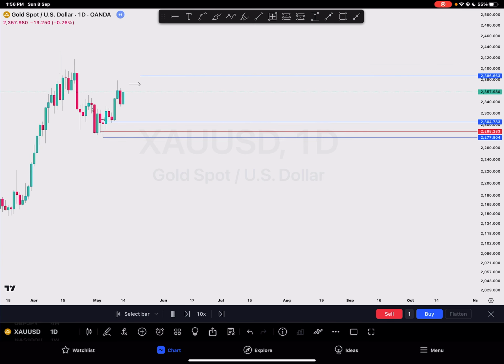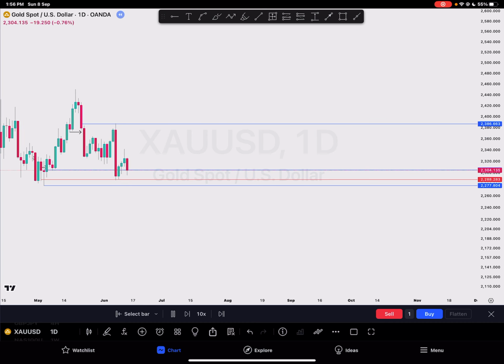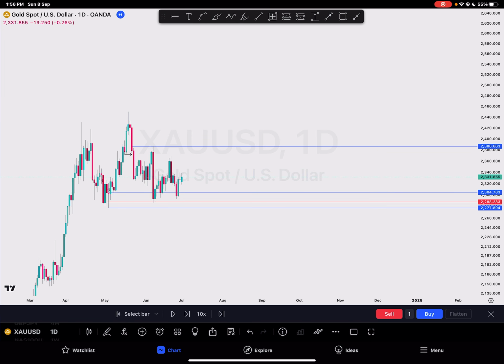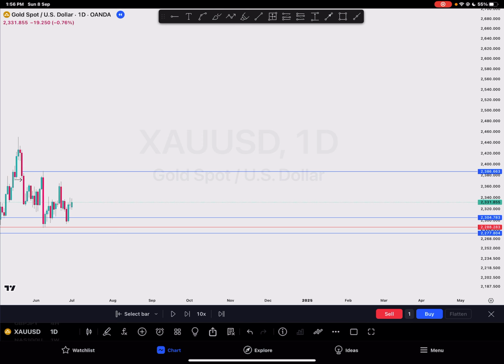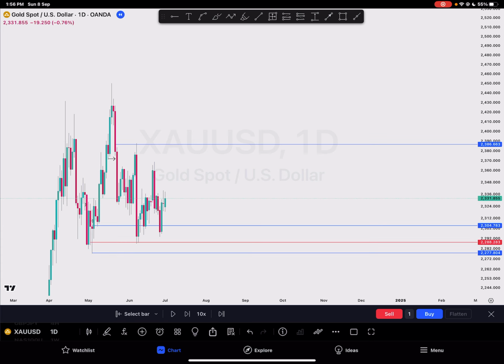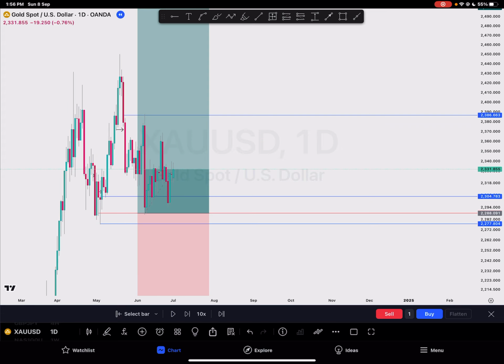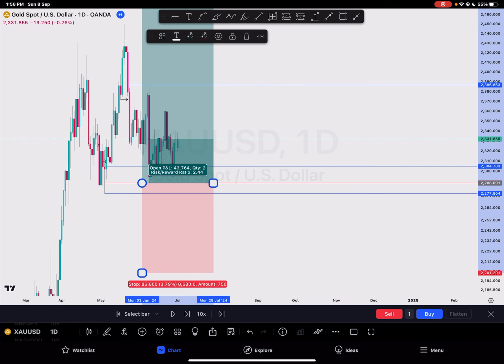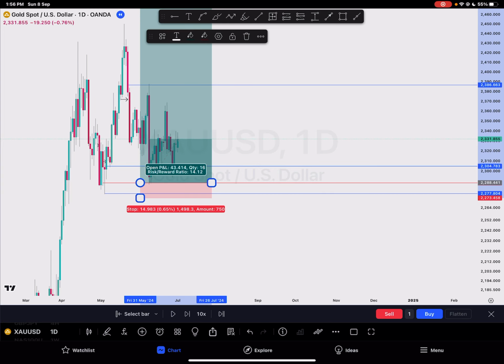So price came, tapped on that level and fully consumed that area of liquidity. We know now price has performed the full liquidity consumption. So now we have to hold our positions.